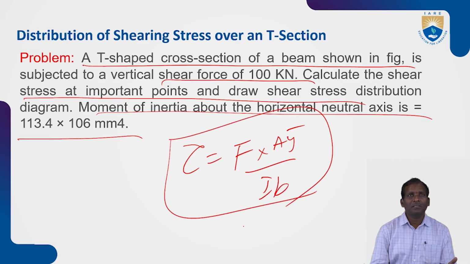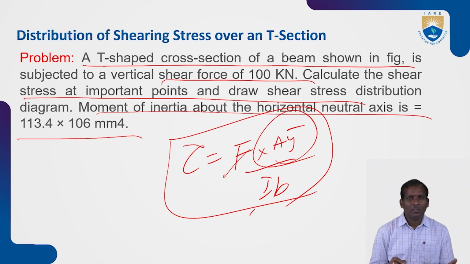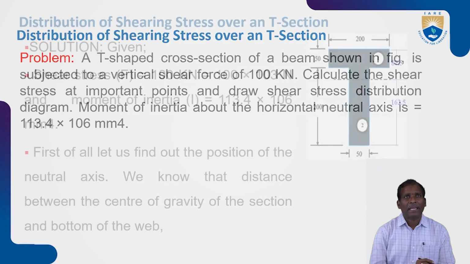So for this, first we need to calculate A y bar. The shear force is already given, and I is given, b is the width, and the dimensions are given in the figure, and according to the given dimensions, we need to calculate.